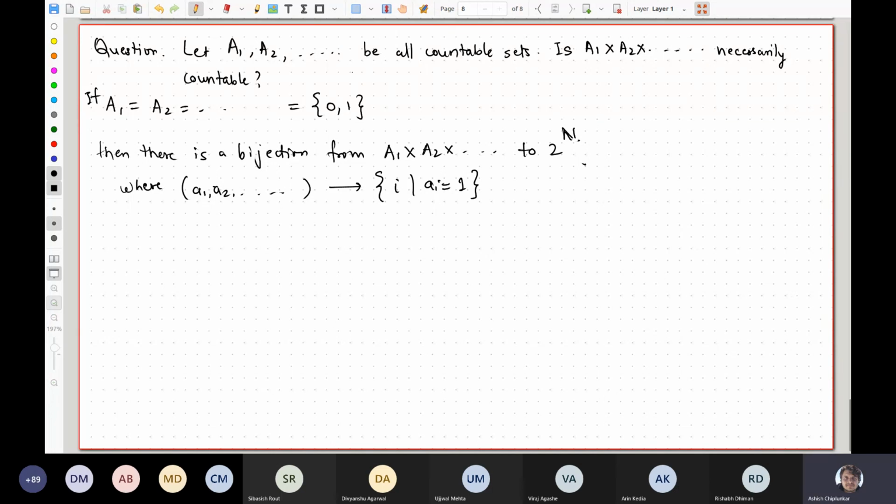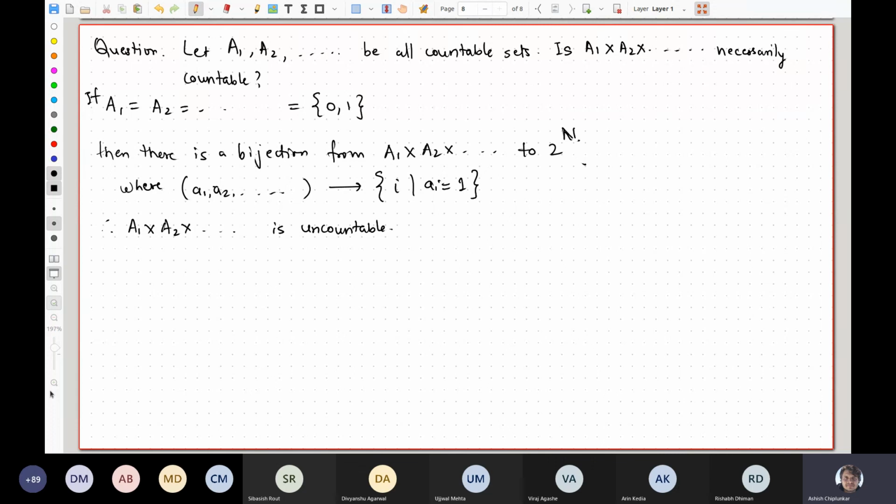Now obviously, because the power set is uncountable, this is also uncountable. So A1 cross A2 cross blah blah blah is uncountable already. Even if all the AIs are finite, you have constructed a case where the Cartesian product is uncountable.